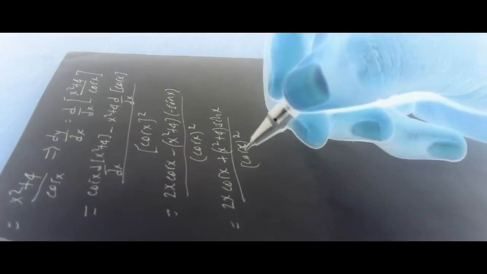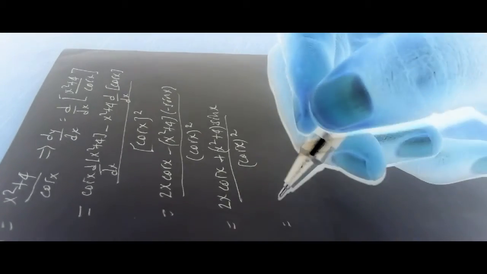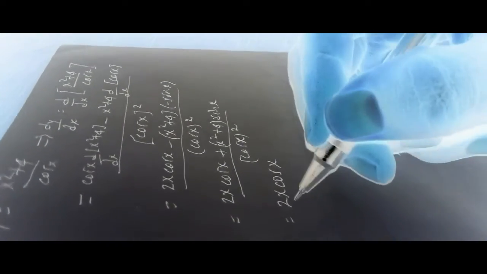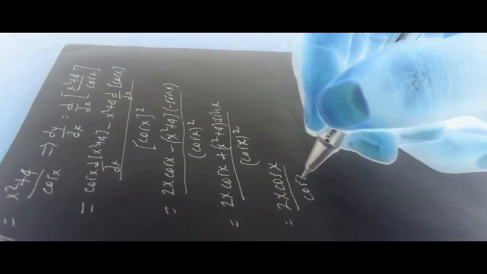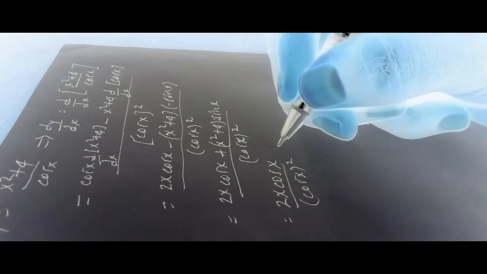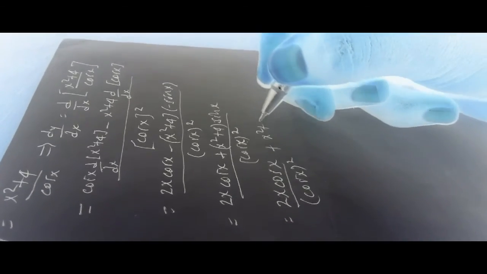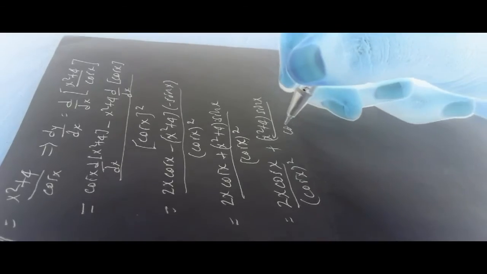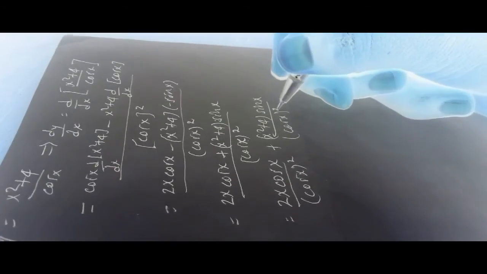Since they have the common denominator, we can write it separately. Therefore, we get 2x cos x over cos square x plus (x squared plus 4) times sin x over cos square x.